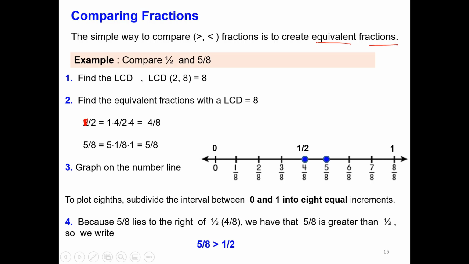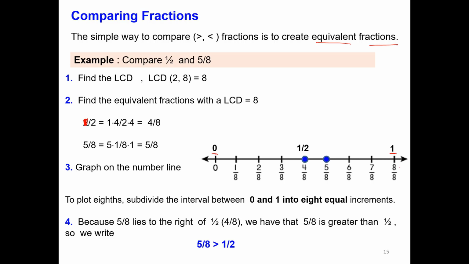Because 8 is the denominator, what we will do is divide the interval between 0 and 1 into 8 equal parts. You see, it is 1, 2, 3, 4, 5, 6, 7, 8. Yes, and 8 over 8 equals 1.